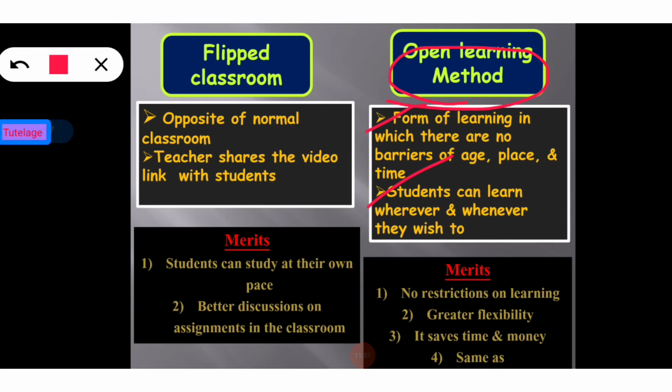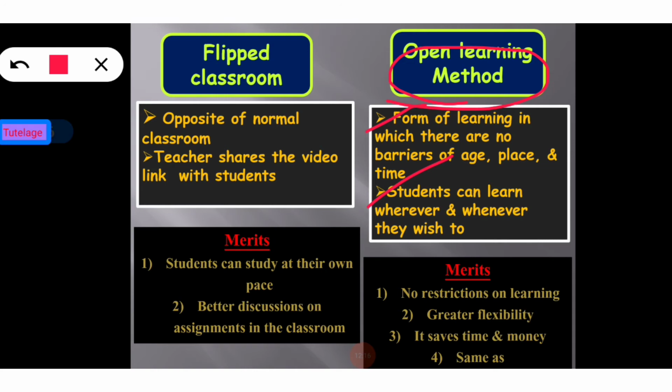Students can enroll for such forms of learning with IGNOU, that is Indira Gandhi National Open University, State Open Universities and other universities offering open courses. So this is the basic difference between a distance course and an open learning course.